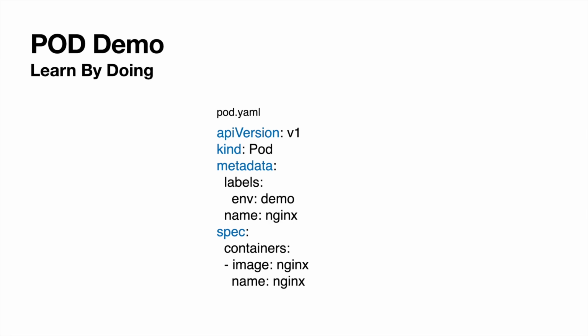Like if you see the dash, which is telling that there could be multiple containers. So for this particular pod, there is only one container with image nginx, and name of that container is nginx itself, right? So this is pod, and now we'll hop on to our actual working lab, and there we'll see how to create this pod.